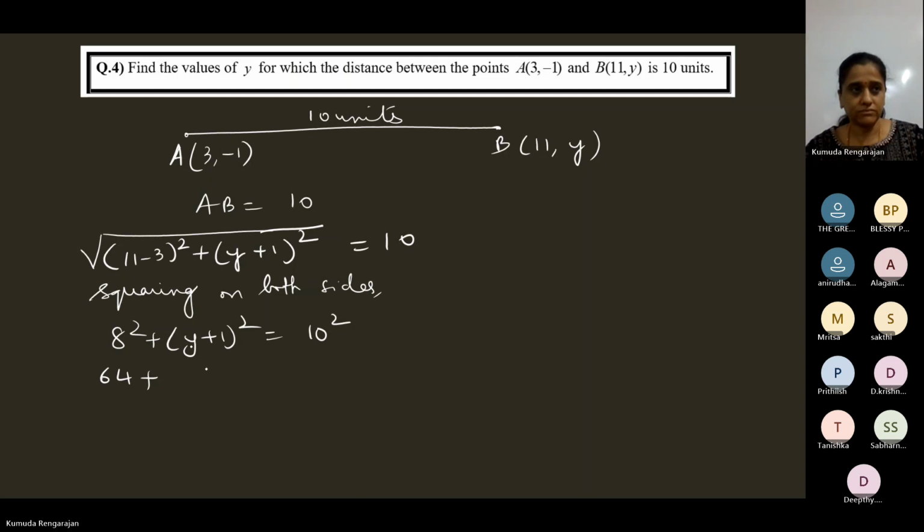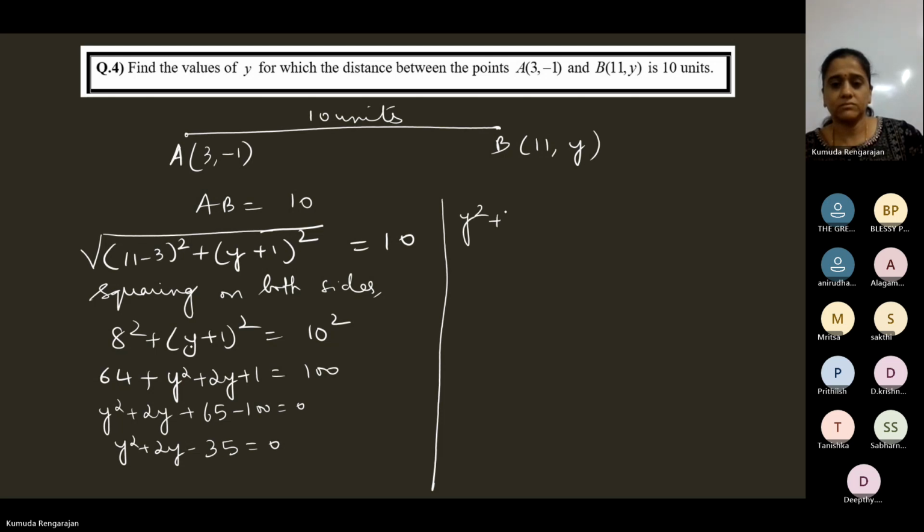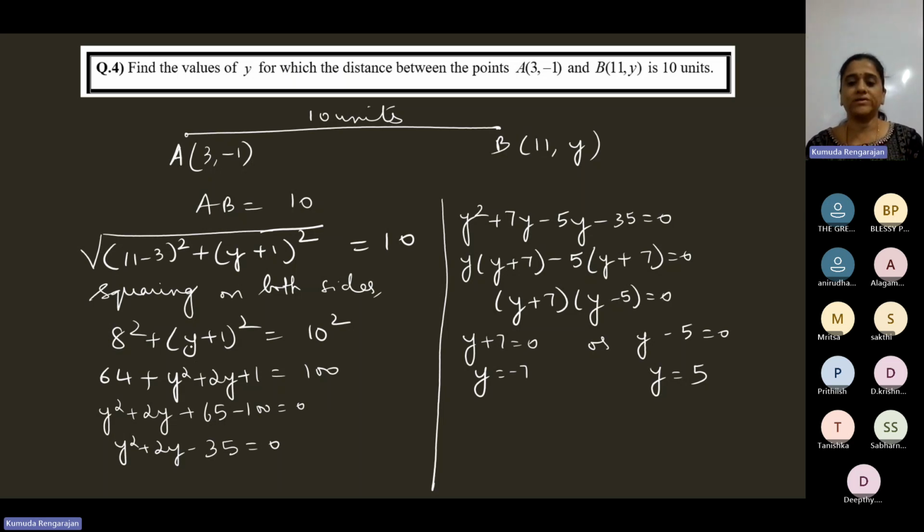Perfect. Y is equal to -7 or y is equal to 5, correct?